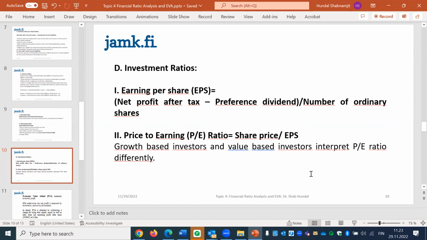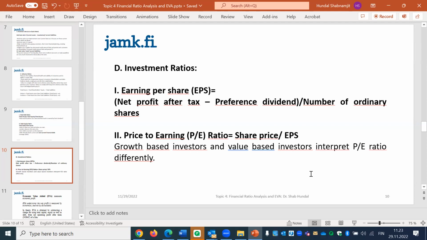The second measure is the price to earning ratio, P/E. E is exactly the EPS in number 1, so E and EPS are the same thing.